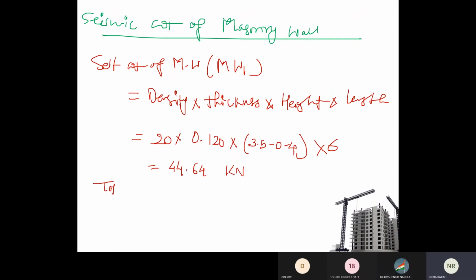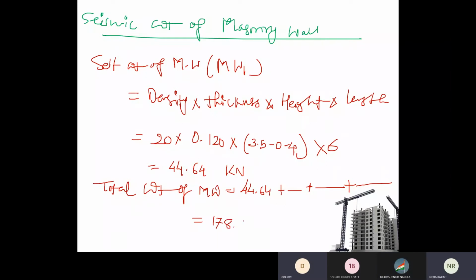Now total weight of masonry wall, so that will be 44.64 for one, then 2 plus 3 plus 4. You will get the total weight of masonry wall. 178.56 kilonewton. So this is my total weight of masonry wall.